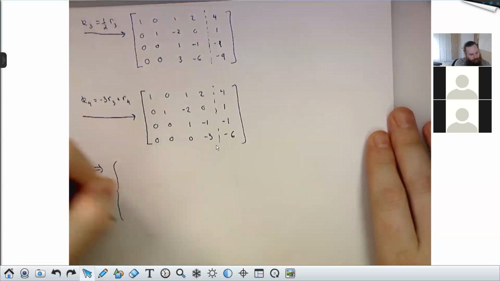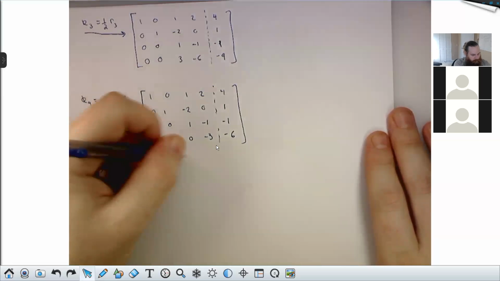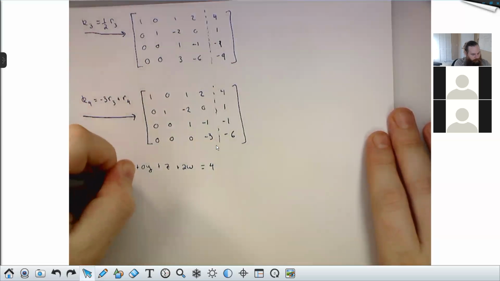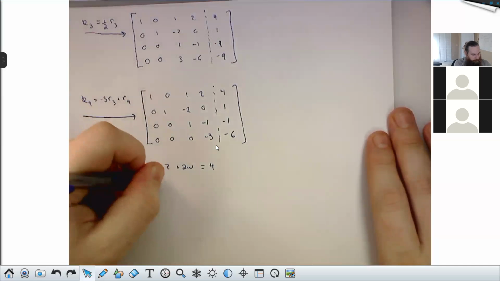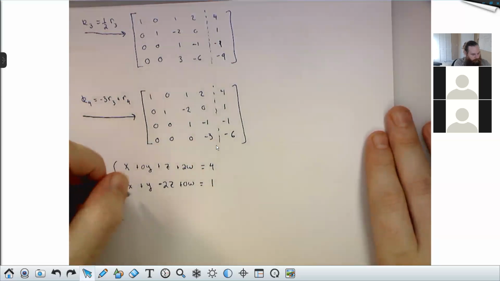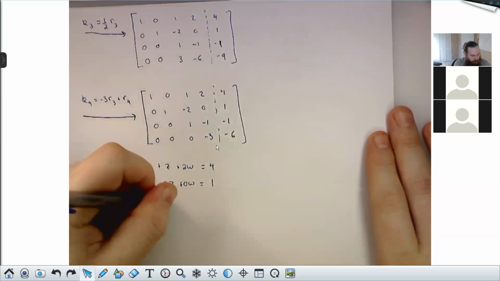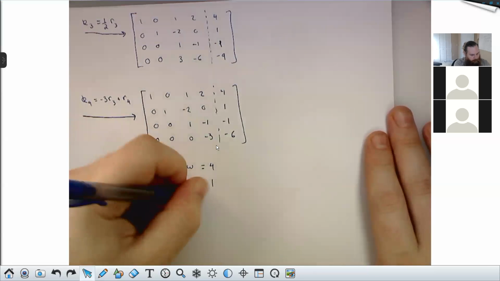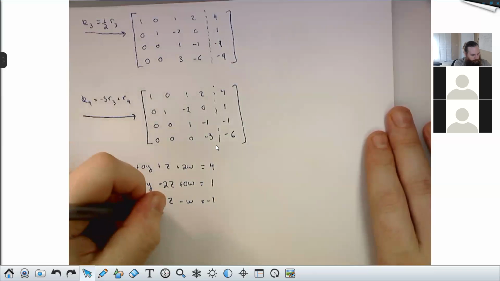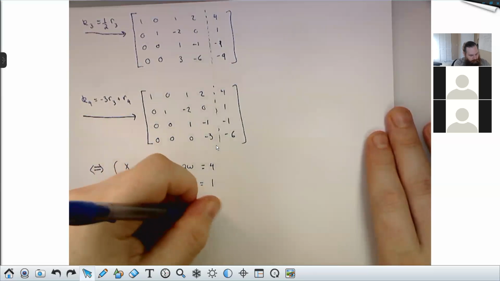So this is equivalent to the system x plus 0y plus z plus 2w equals 4. 0x plus y minus 2z plus 0w equals 1. 0x plus 0y plus 1z minus 1w equals -1, and 0x plus 0y plus 0z minus 3w equals -6.